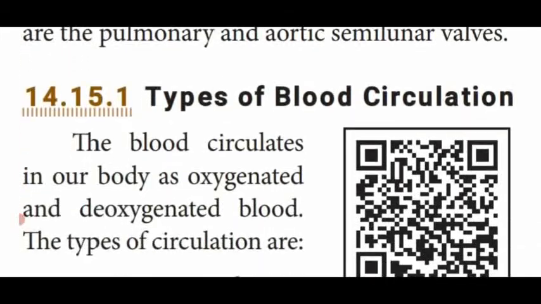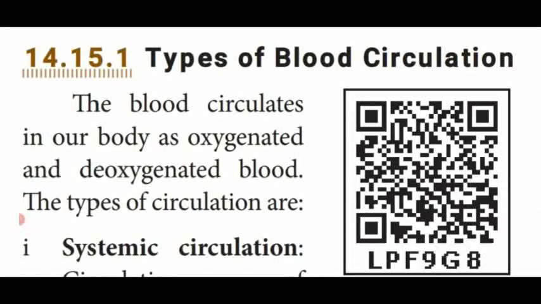Next, we are going to see the types of blood circulation. Dear students, the blood circulates in our body as oxygenated and deoxygenated blood. Only 2 types of blood are circulating in our body.